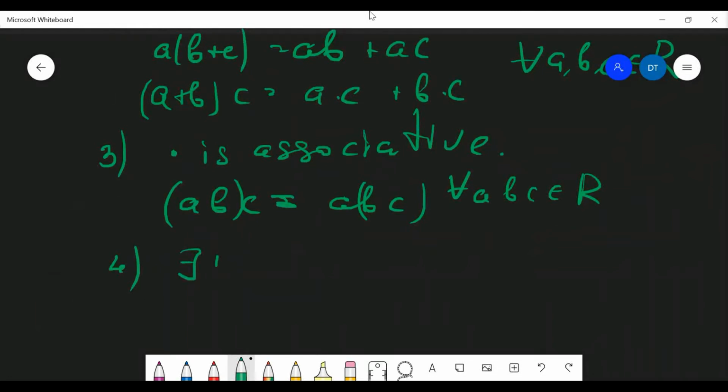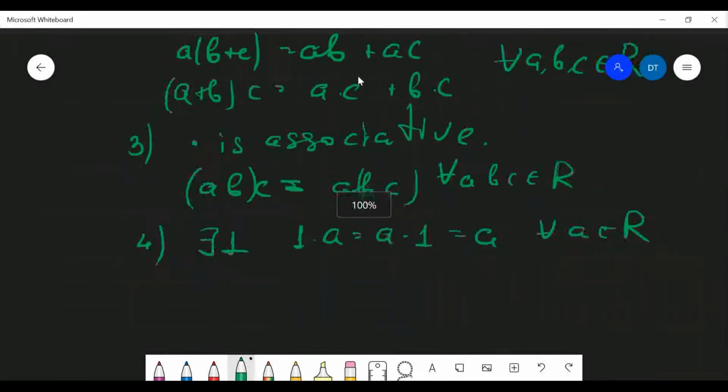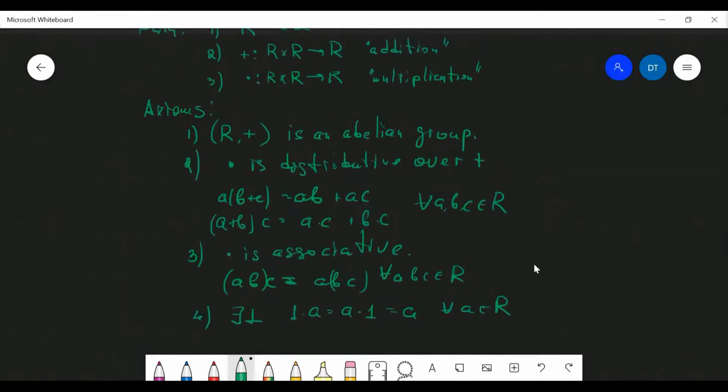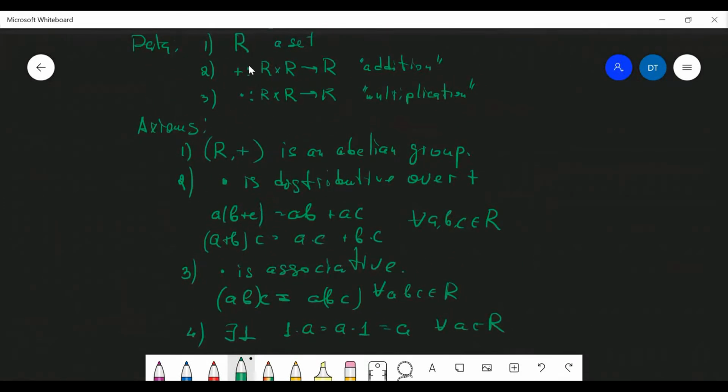There is an element which is called 1, such that 1 times A equals A times 1 equals A for all elements of the ring R. So if we have a set with a pair of operations, plus and dot, and these operations satisfy all these axioms, we will say that R with these two operations is a ring.